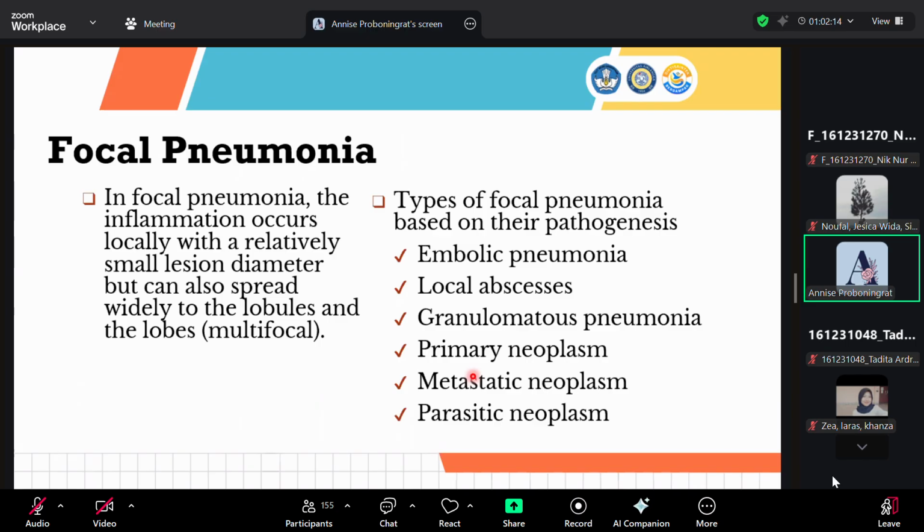The types can be classified based on the pathogenesis, such as embolic pneumonia, local abscess, granulomatous, primary neoplasm of the lung, metastatic neoplasm from another organ, for example, from breast to the lungs, and parasitic neoplasms.